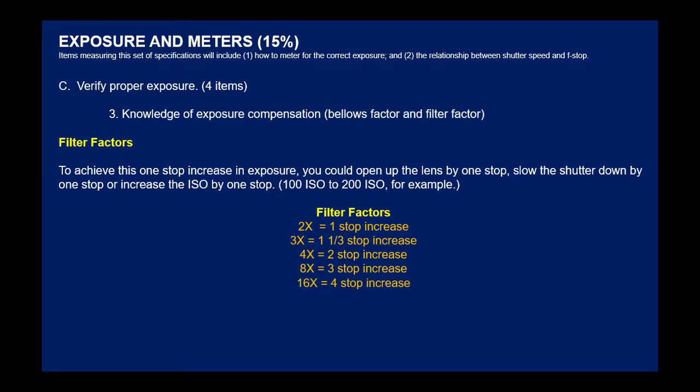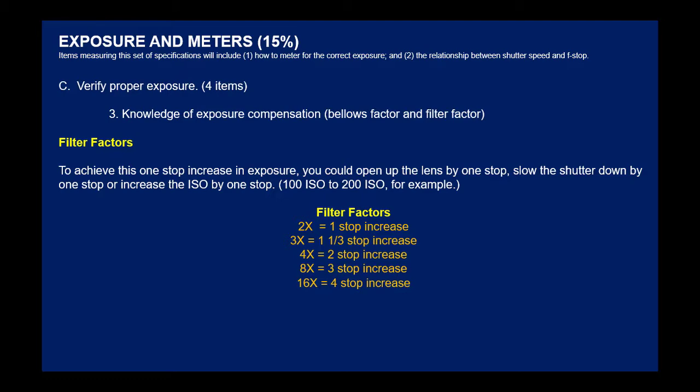Remember, twice the amount of light represents 1 stop. So when you see a filter factor of 2x, that means that you've got to open up the lens or slow down the shutter or increase the ISO by 1 stop, because you've got to let twice the amount of light reach the sensor.